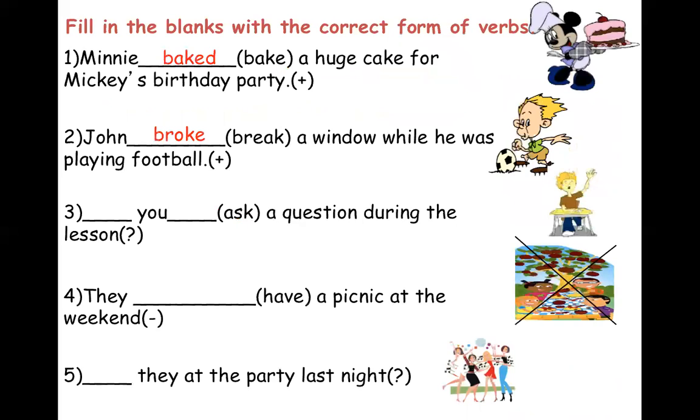John broke a window while he was playing football. Did you ask a question during the lesson? They didn't have a party at the weekend. Were they at the party last night?